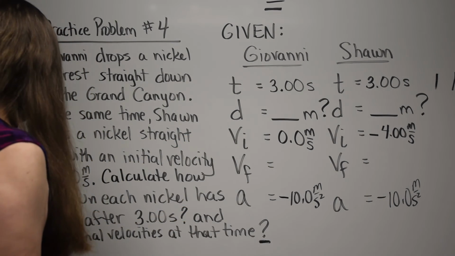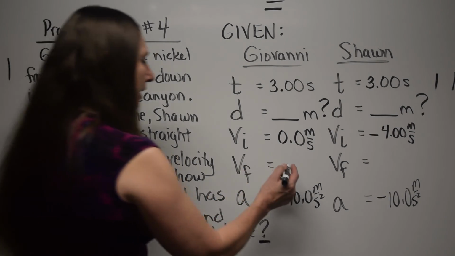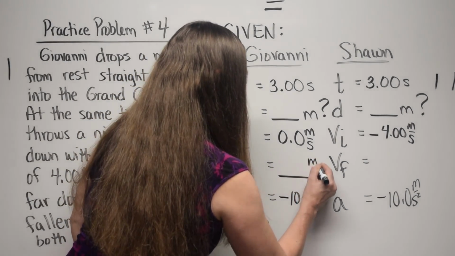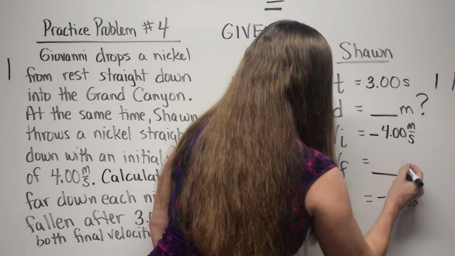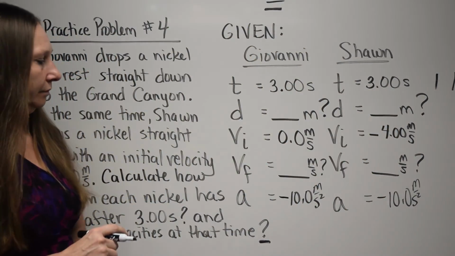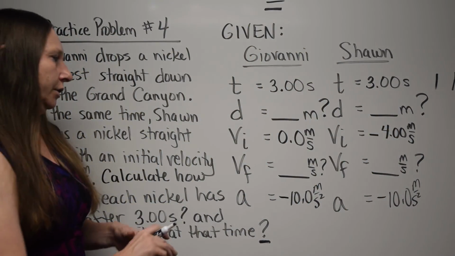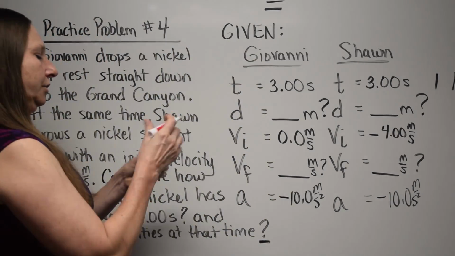Now, and also both final velocities at that time. So we want to know this final velocity at that time and this final velocity at that time. So we want to know displacements and final velocities.